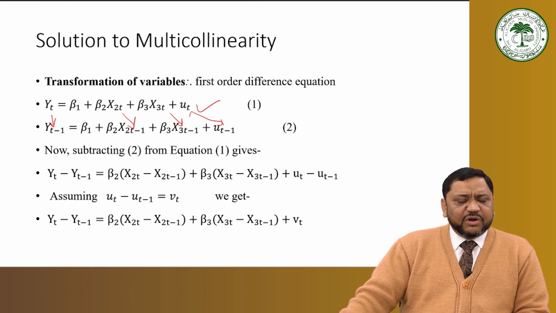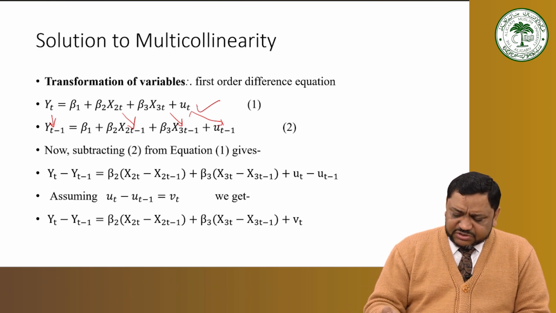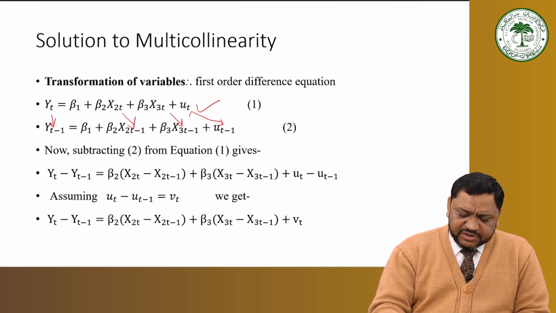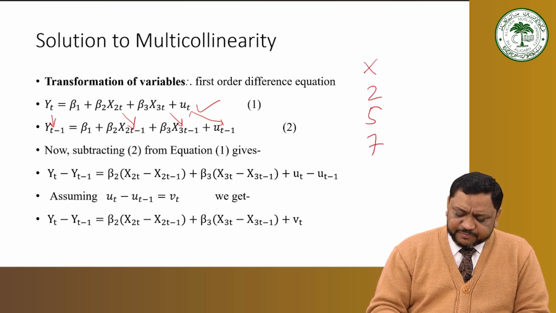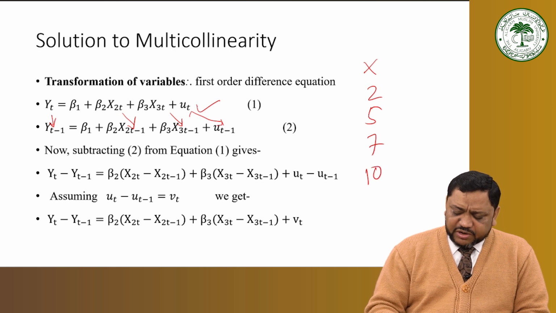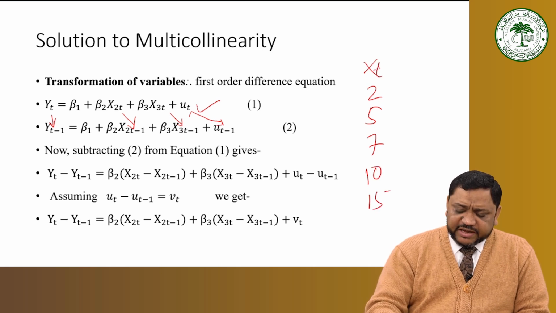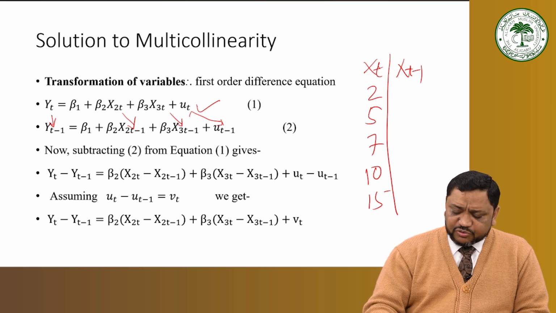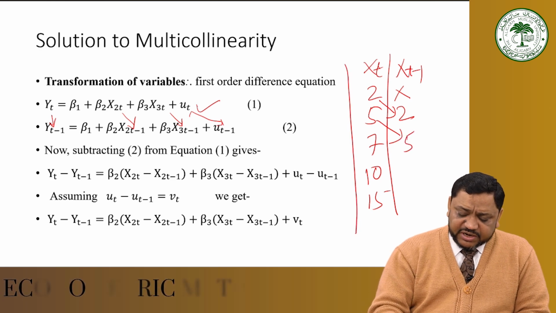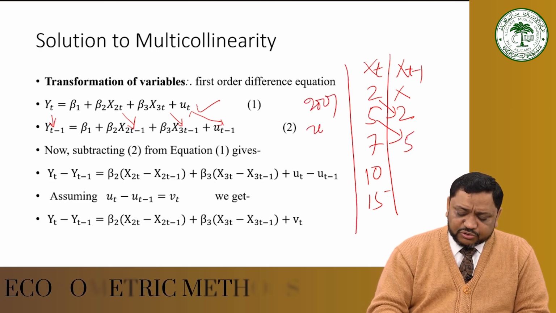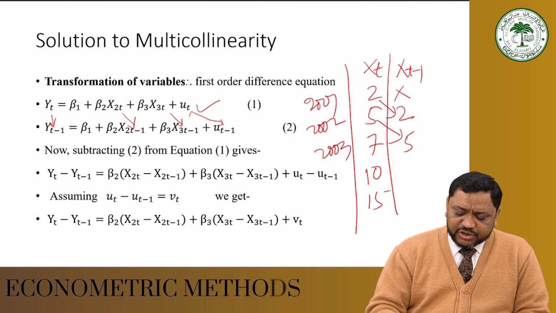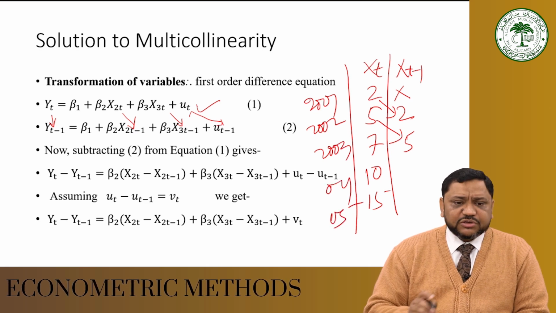It's very simple. If you have a variable like x with values 2, 5, 7, 10 and 15, this is xt, and I want to take xt minus 1. Simply, you shift this 2 to the next period, this 5 to the following period, say 2001, 2002, 2003, 2004 and 2005.